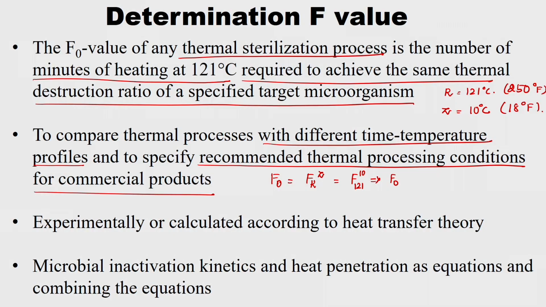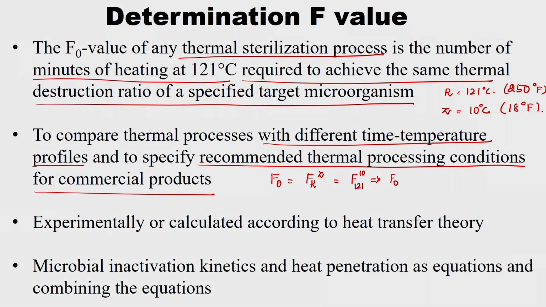I also calculated D value at two different temperatures, and I said to get the same log reduction, my cooking value should not go beyond a certain value, right. That is the way I will choose the process. My cooking value also should not degrade more, and my microorganism should get killed more. So, that is the best process condition. To recommend such thermal processing conditions, this is helpful.